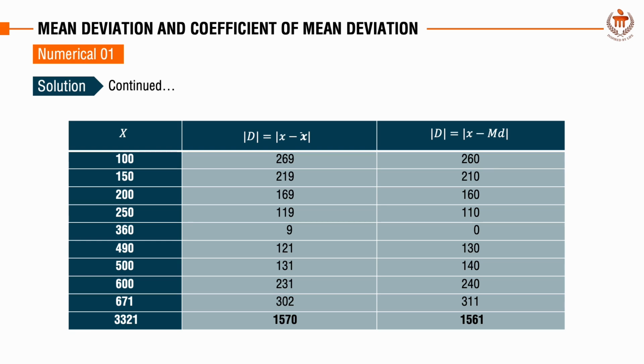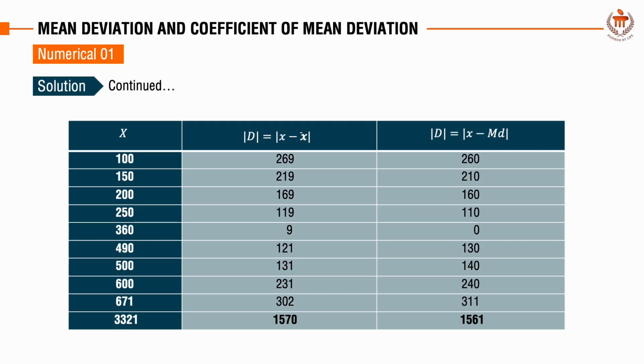So once I got the mean as 369 and the median as 360, I'll find the deviation of each value from 369 in the first column, where I'm finding it with respect to the mean, and then for the median I consider the average as 360. Now 100 minus 369, then 150 minus 369, then 200 minus 369, like this for the mean.